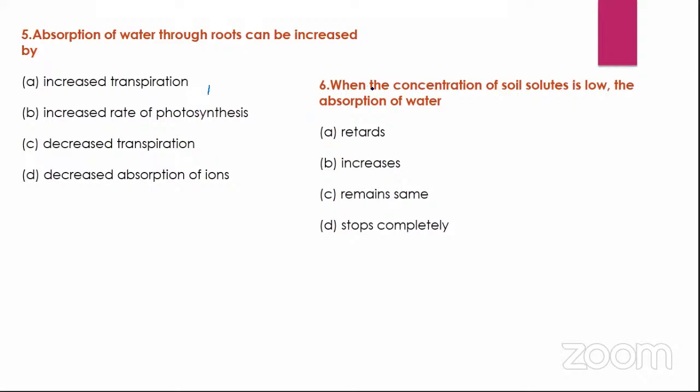Then question 6 says that when the concentration of soil solids is low, the absorption of water is: does it retard, increase, remain the same, or stop completely? Remember, when the concentration of soil solids is low, that means the solution has a high water potential. So absorption of water is going to increase.